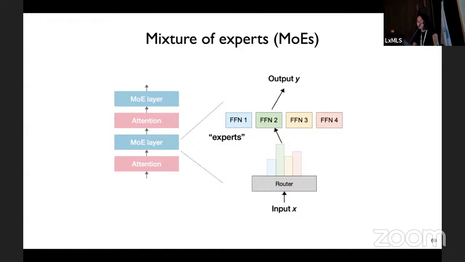People only do this in the feed-forward layers, and during inference time, only one or two of the experts will be chosen, so it will not affect the inference time much. Basically, the inference time will be similar to the standard transformers, but because these models have way more parameters, it gives you much more expressive power to make these models much stronger.